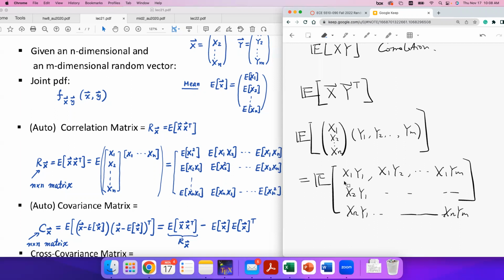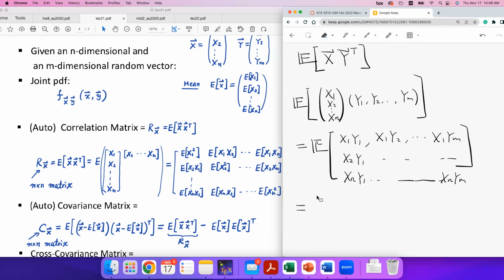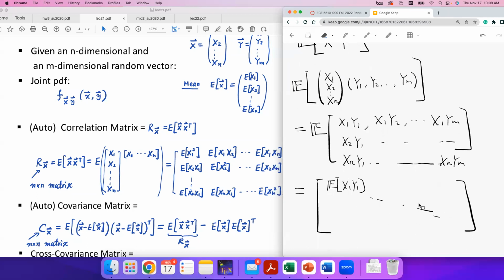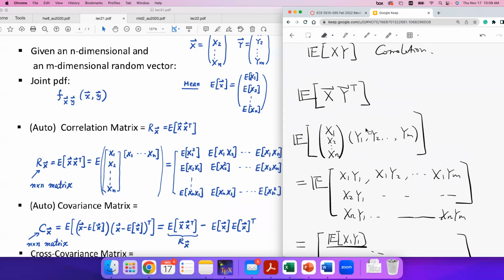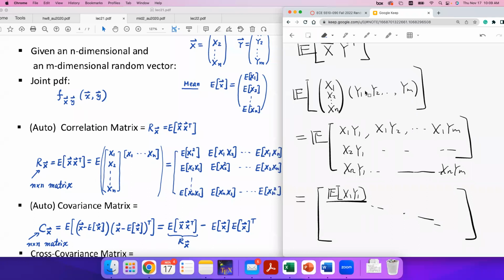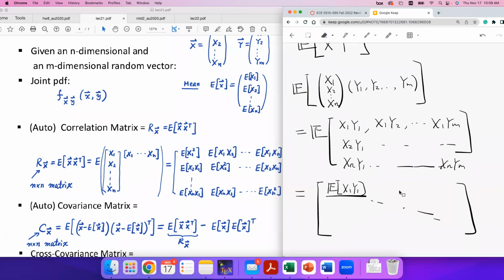Now you take the expectation. The expectation of this matrix is simply defined as the matrix of these entry-wise expectations. This is the only way that we can define this expectation in a meaningful way. So essentially, it reduces to evaluating the correlations between pairwise random variables from these two random vectors, and collecting all these correlations into such a matrix.